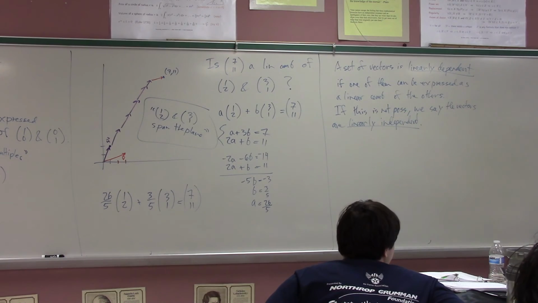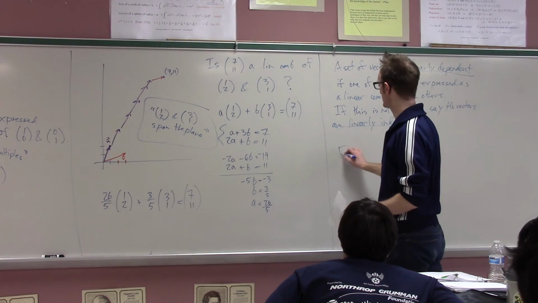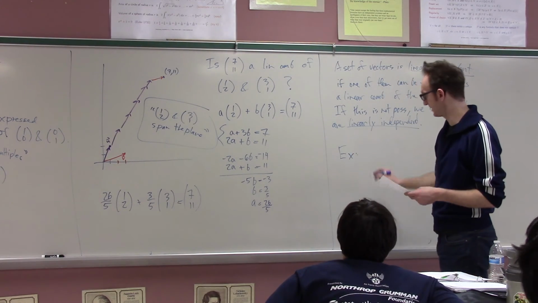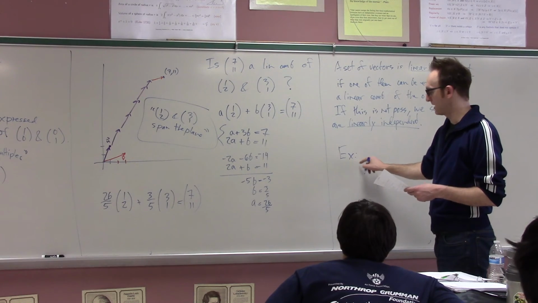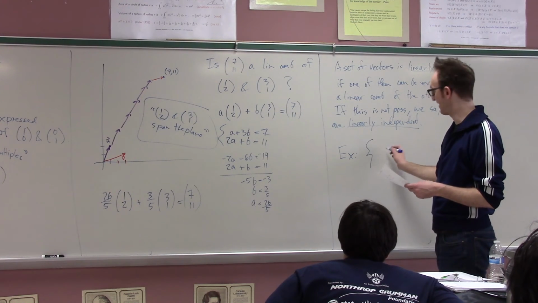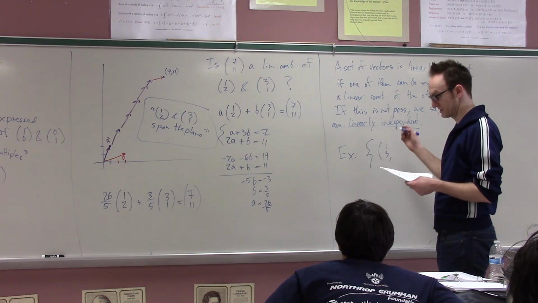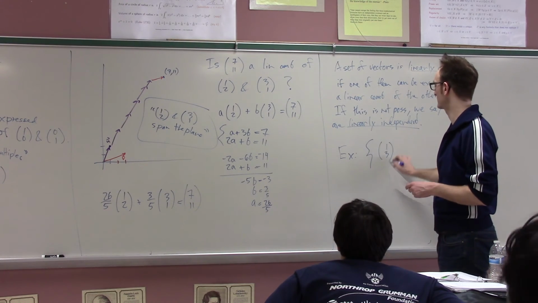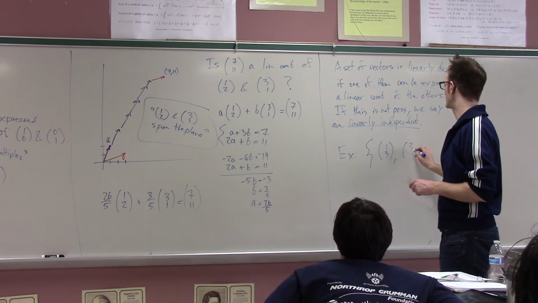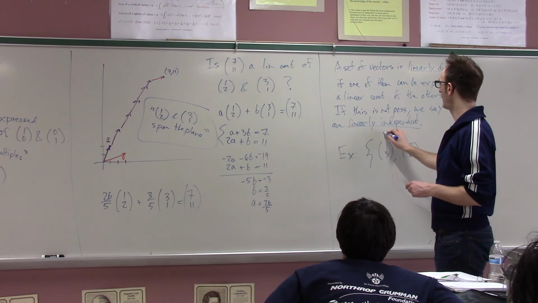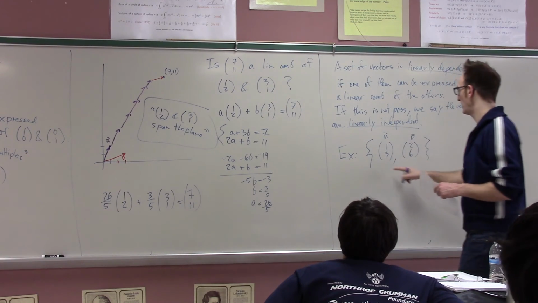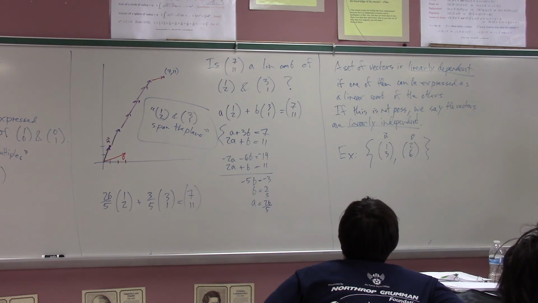Okay, let's do an example. These examples are kind of pretty silly and easy. First example, take the vectors (1, 3) and (2, 6). Call the vector (1, 3) u, and call the vector (2, 6) v.